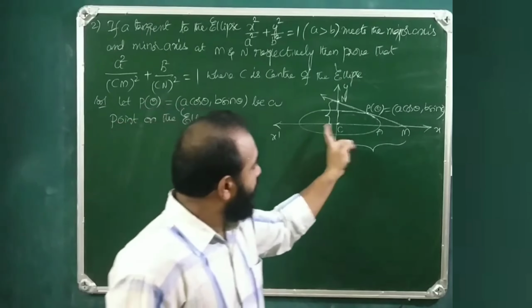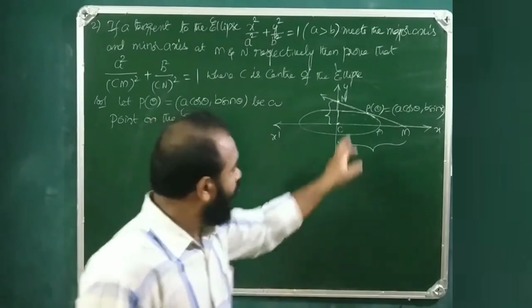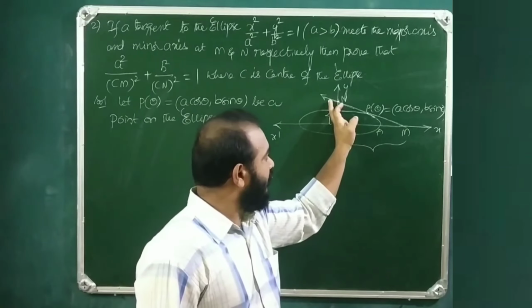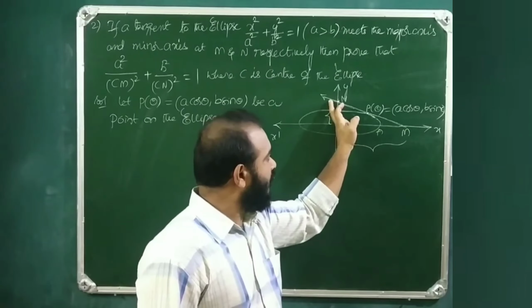To obtain CM and CN, first of all, let us find the equation of the tangent at P. So the equation of the tangent at P theta to the ellipse S equals 0 is x cos theta by a plus y sin theta by b equals 1.